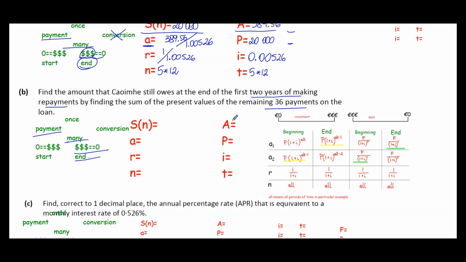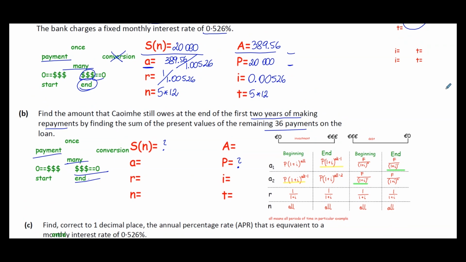So in those formulas, here in this part, I will be looking for P, so the principal, the loan, or here Sn, that's the loan. But the rest of the items are not going to change, apart from the time, 36, that's what we're going to have.